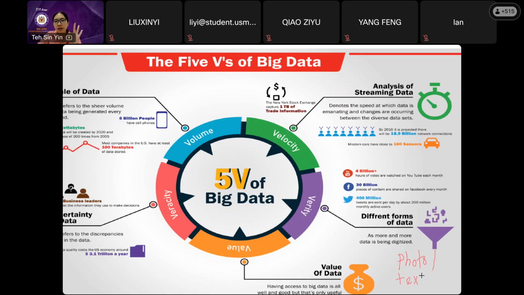Some of you may record your voice and image and share it in terms of video. So photo, text, video are different forms of data. So this is called the variety of data. Volume is the quantity, velocity is the speed, variety is the different forms of data.